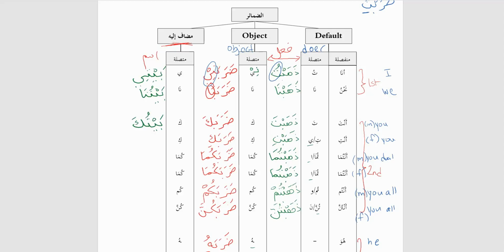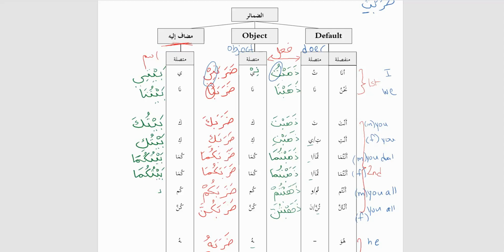Baytuka. And for feminine, baytuki. And for dual, baytukuma. And the same thing for feminine, because you can't tell the difference. Baytukuma. So these both mean your two houses, whether male or female.